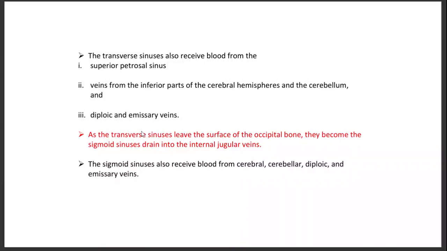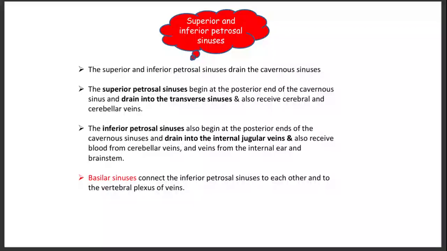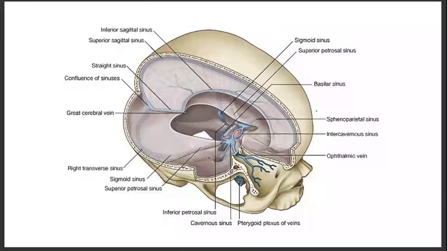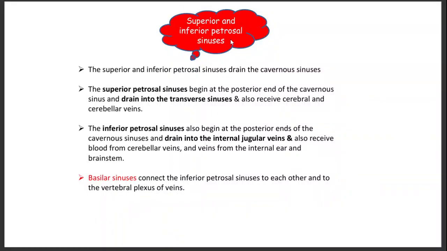And take note that as the transverse sinus leaves the surface of the occipital bone, it is going to become the sigmoid sinus, and the sigmoid sinus is the one that drains into the internal jugular vein. So the superior and inferior petrosal sinus, these guys, they will drain into the cavernous sinus.